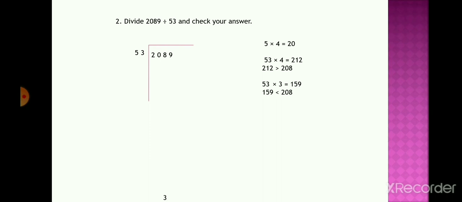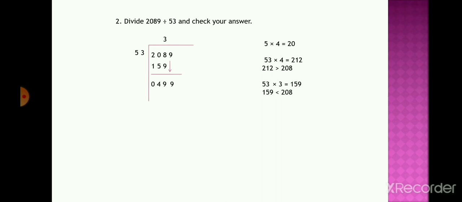We can write quotient as 3 and 159 below 208. Subtract, the difference is 49. Bring down the next digit, that is 9, from the ones place of the dividend, we will get 499.